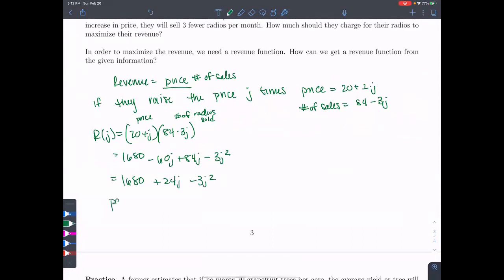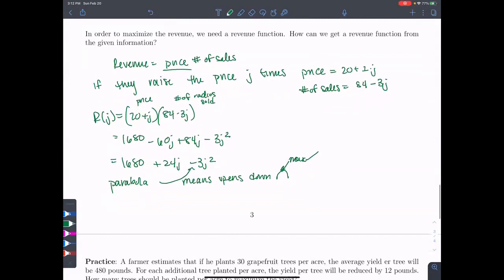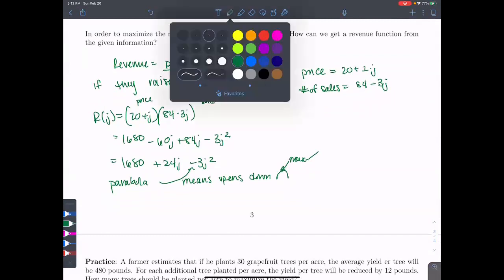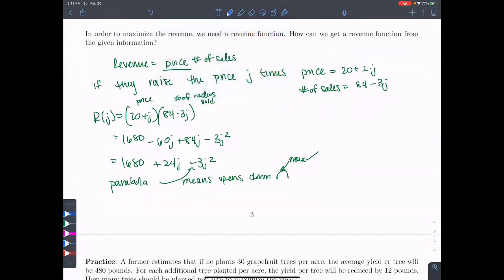This is a parabola, and that negative means it opens down, so it does have a maximum, which is good because we're trying to maximize revenue. I don't have space to do any more of this work. Let's use blue and come over here.